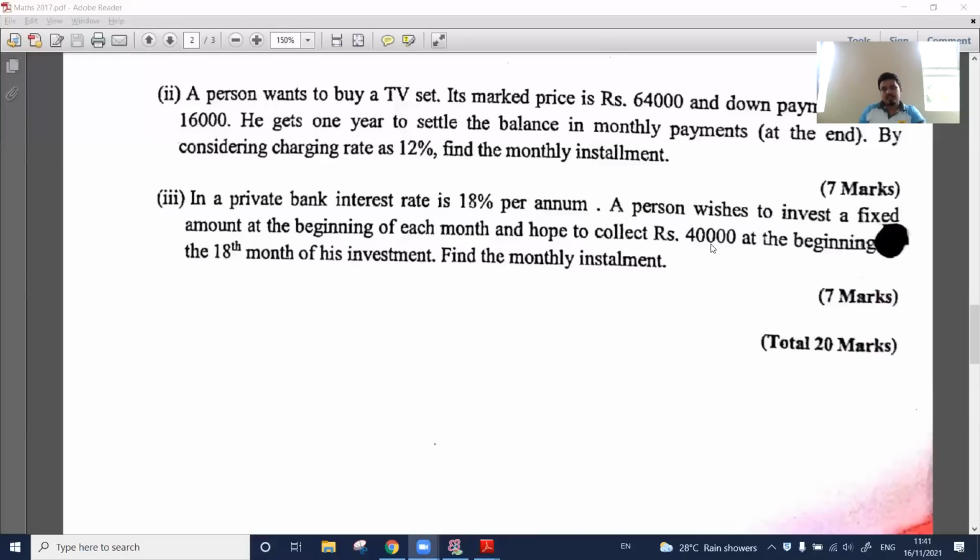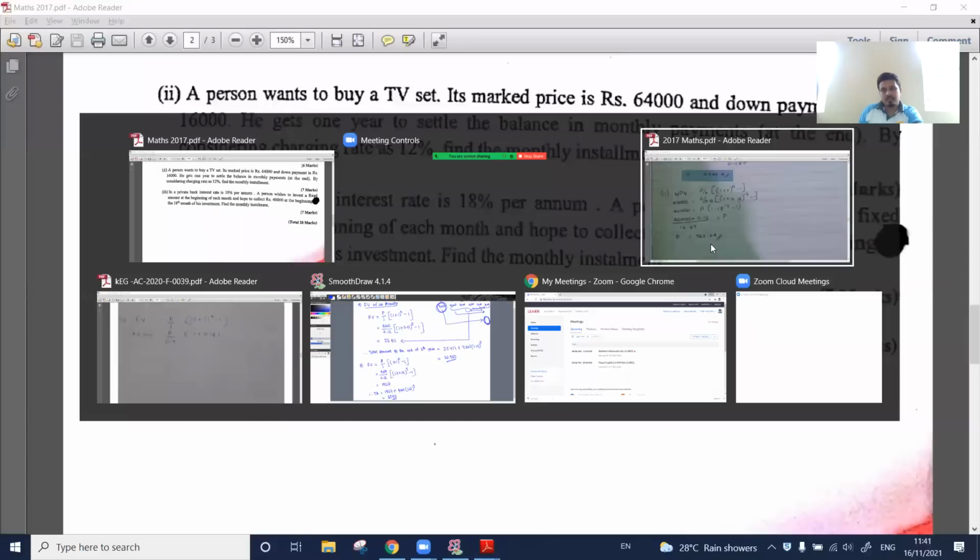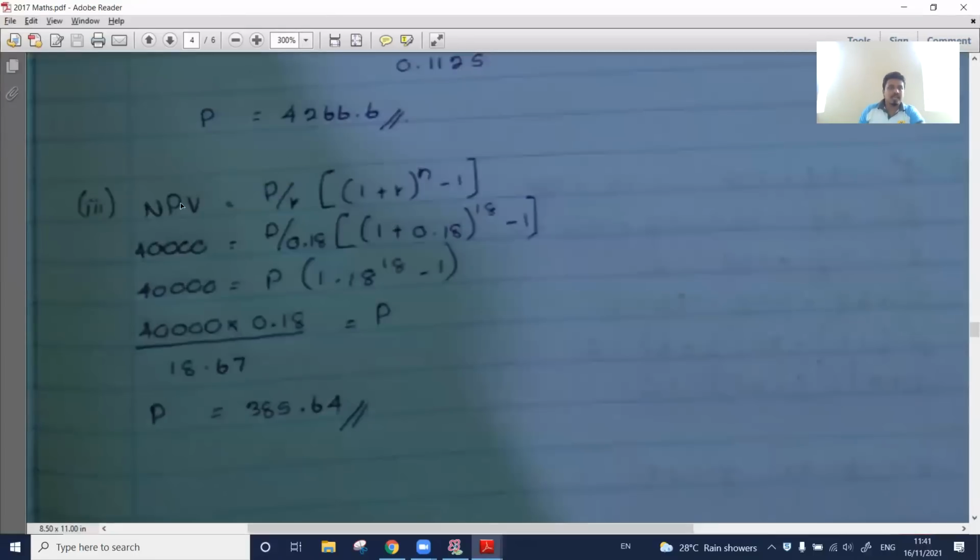This 40,000 is a future value, so it can't be NPV here. You can simply say FV, or else you can say NFV, net future value, no issue.